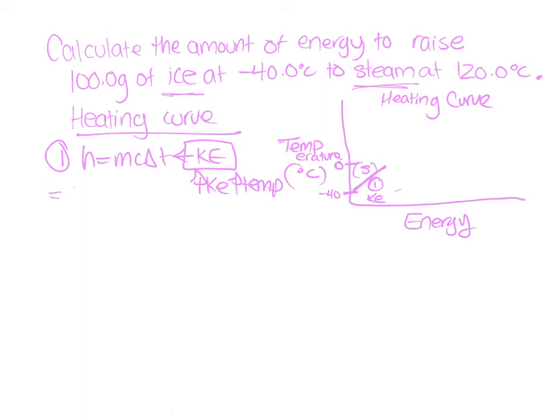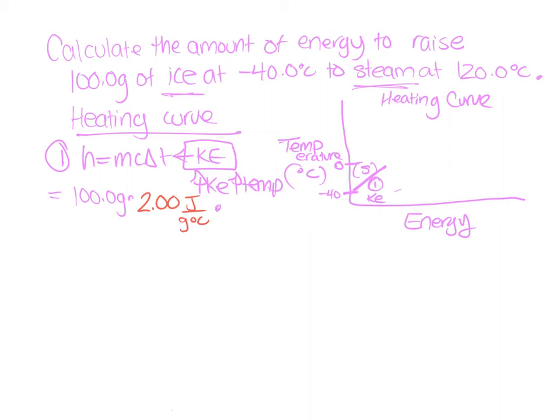Okay, so the mass is 100 grams. The specific heat capacity, now we've been using 4.19 for many things, but we need the specific heat capacity of ice. If you look in your data booklet on the very last page, the very first thing listed is H2O solid, and the specific heat capacity is in the very end column, and it says 2.00 joules per gram degree Celsius.